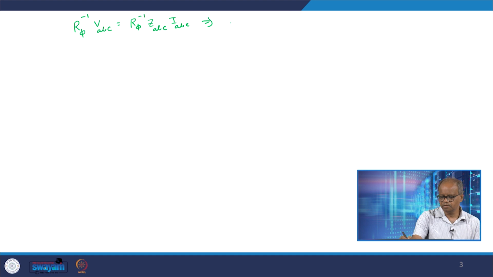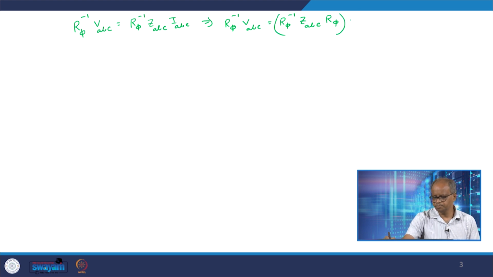That I can write down as R phi inverse V ABC is equal to R phi inverse Z ABC into R phi, and this I basically pre- and post-multiply by R phi inverse I ABC.